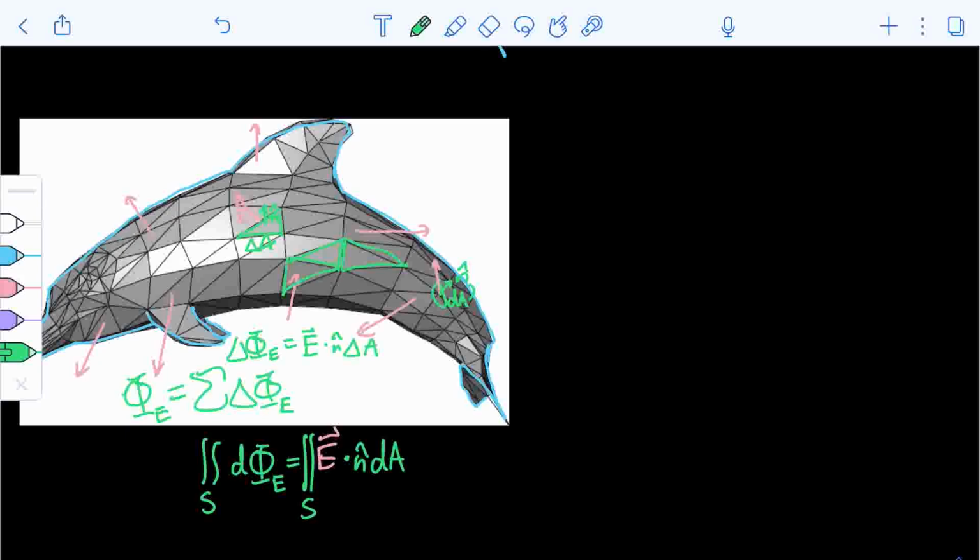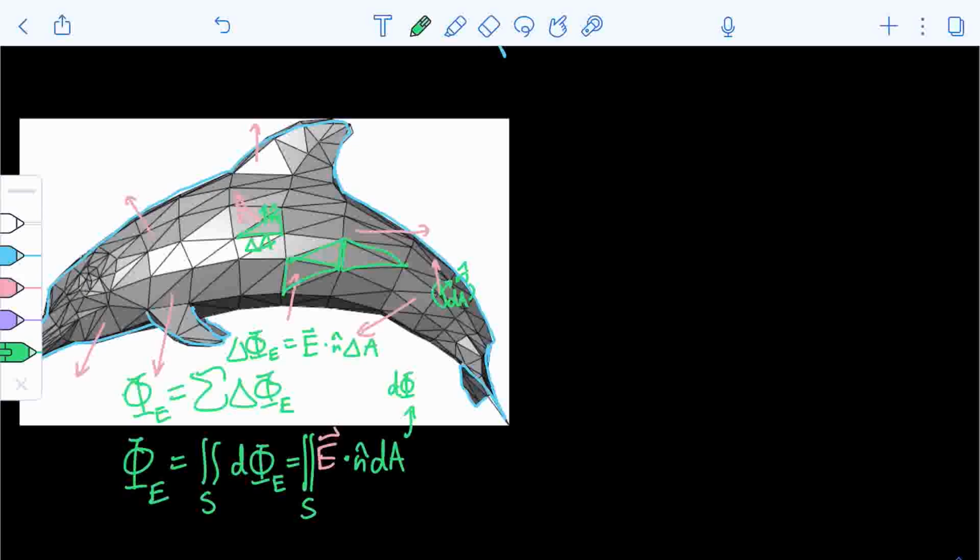So this gives us a tiny little electric flux that this area contributes. And so if we want to get the total electric flux, we take the integral of it across the entire surface. So this gives us the total electric flux.